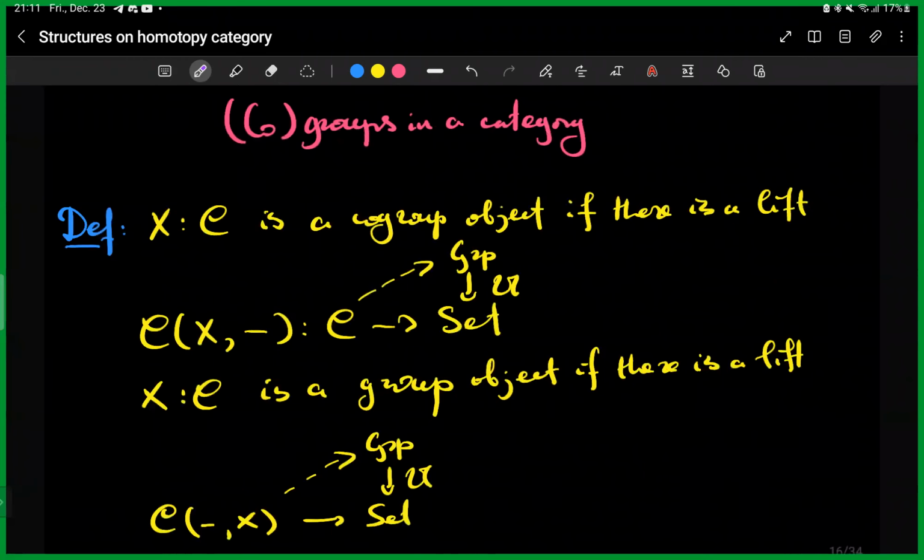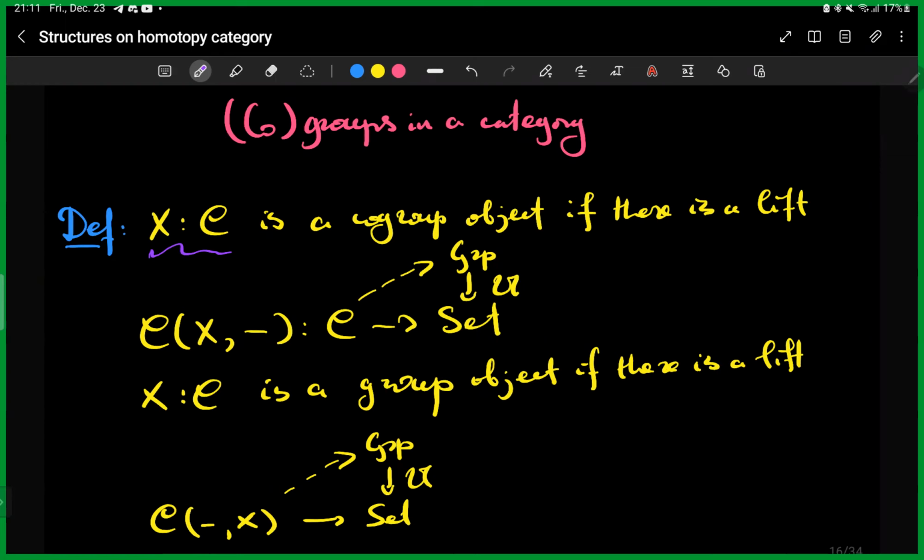Okay, so another familiar thing from topology is that suspensions form homotopy cogroups or co-H spaces, as they're classically called, and loop spaces are homotopy groups or H spaces. Well, first of all, a short recollection of what a cogroup object in an arbitrary category is, and basically that just means that if we have an object X, then it is a cogroup object if the functor which is represented by X lifts to a functor into the category of groups.